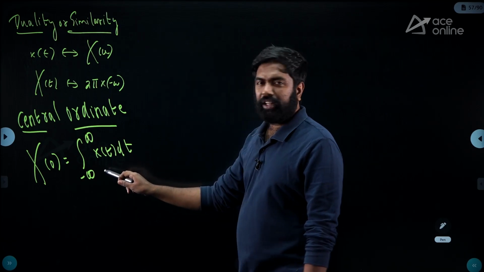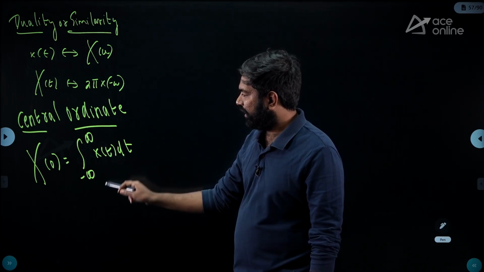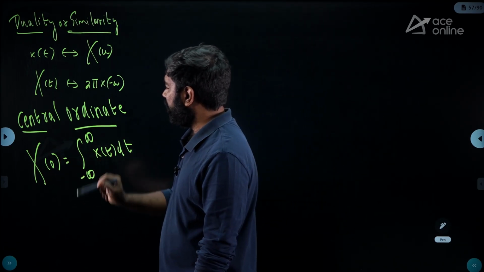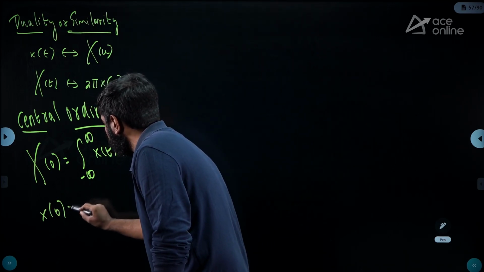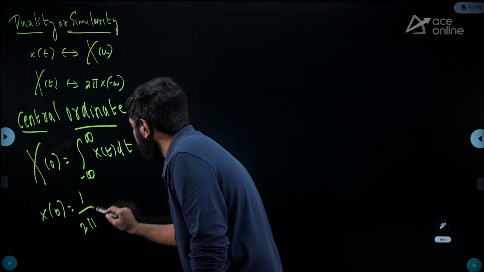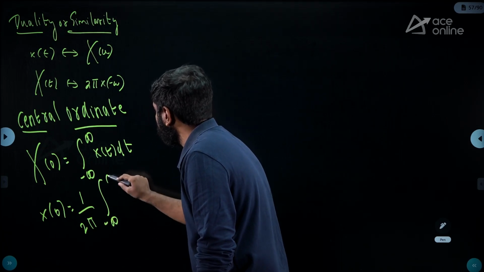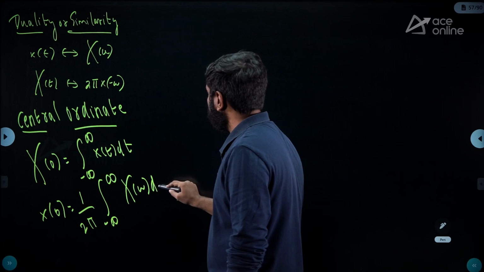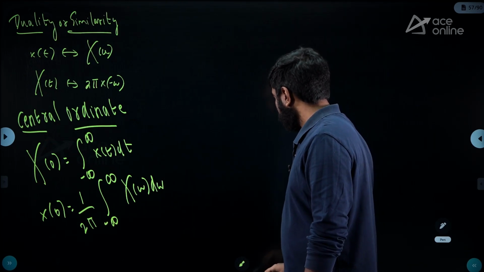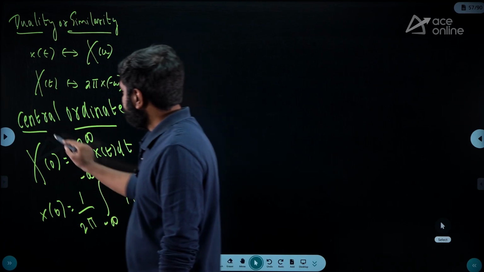Or if you want the area under x of t, if you want the value of this integral, then observe the Fourier transform at omega equal to 0. Similarly, small x of 0 is 1 by 2 pi times the integration from minus infinity to infinity of capital X of omega d omega. So this is called the central ordinate property.